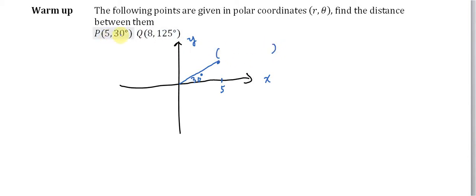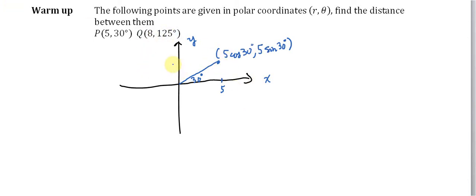It's going to be r times cosine theta, so this is going to be 5 times the cosine of 30, and then r times the sine of theta, so it's going to be 5 times the sine of 30. That's going to give us the rectangular coordinates for this point.